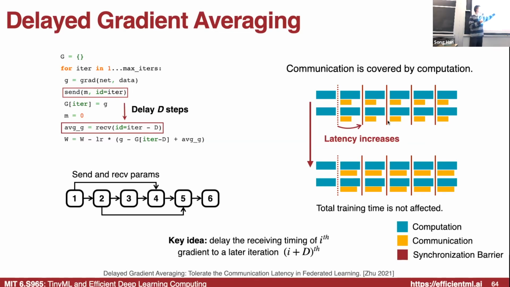So we are using the averaged gradient from d times ago to replace our local gradient from d times ago. So we are consuming a stale gradient that is d iterations old, but still it can converge.